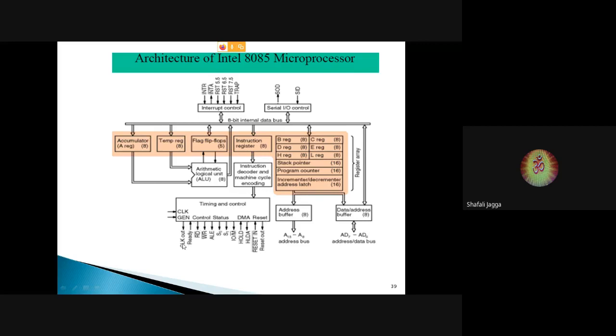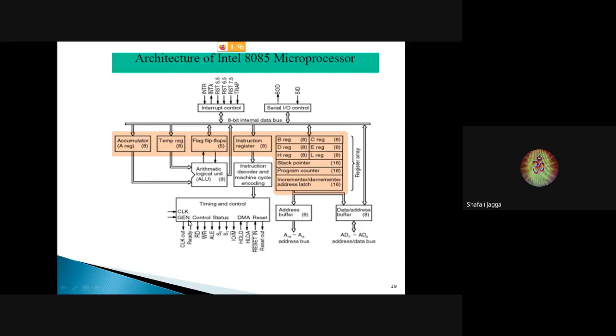Then second we talk about ready. The ready signal is always used for slow peripheral synchronization. Whenever the microprocessor is writing data to an external device and that device is very slow, the microprocessor has to wait. To keep the microprocessor in the wait state, this ready input is made 0.